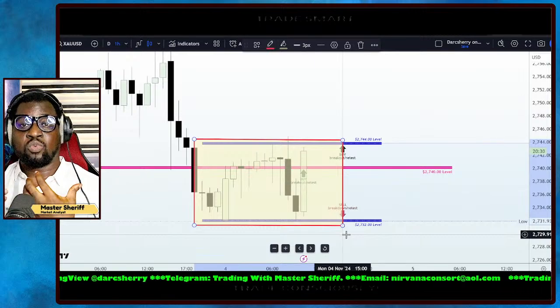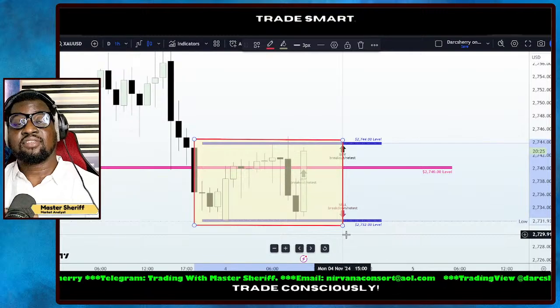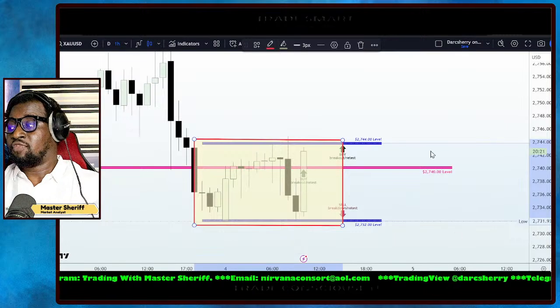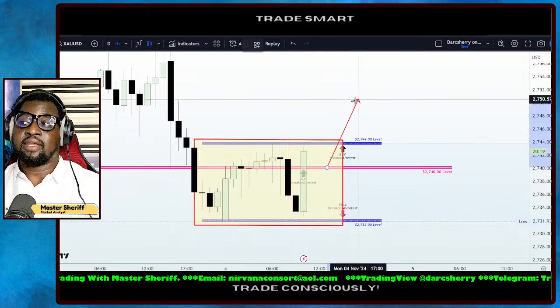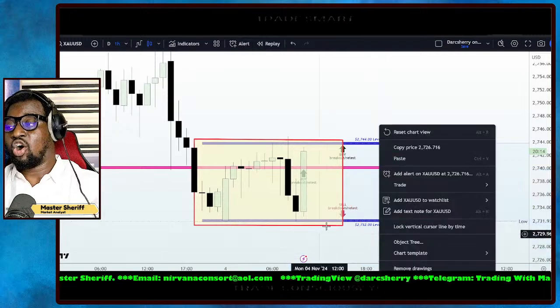And of course, when we have this kind of range bound structure, what we need to do is exercise patience and wait for price to either break out of the resistance line to give us an opportunity to buy, or break down the support line to give us an opportunity to sell.